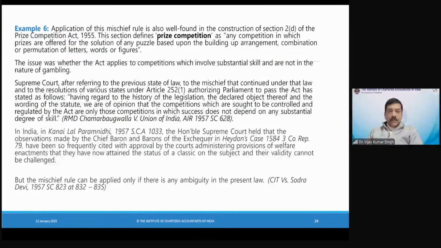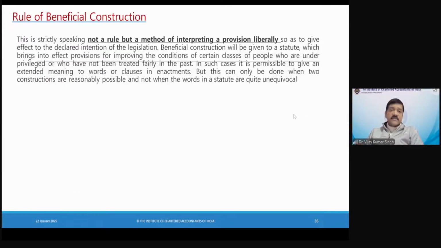Okay. Now, let us look at the concept of beneficial construction. Strictly speaking, as I told you before, this is not a rule, but a method of interpreting a provision liberally, so as to give effect to the declared intention of the legislature. Beneficial construction will be given to a statute which brings into effect provisions for improving the conditions of certain classes of people who are underprivileged or who have been treated unfairly in the past.